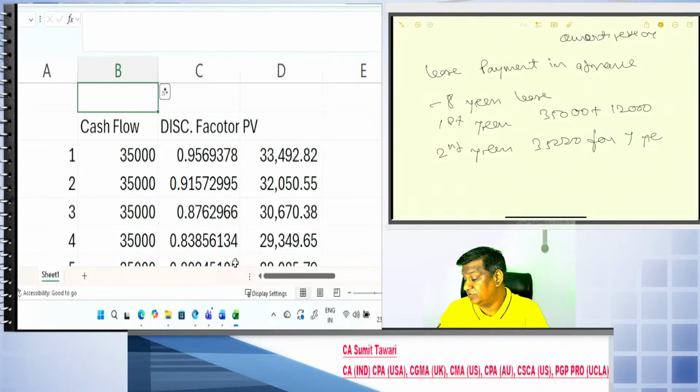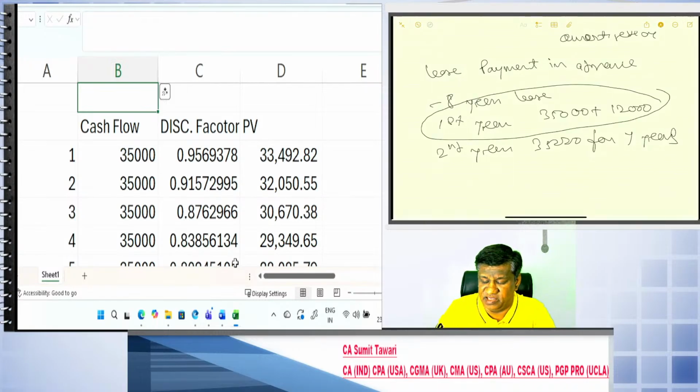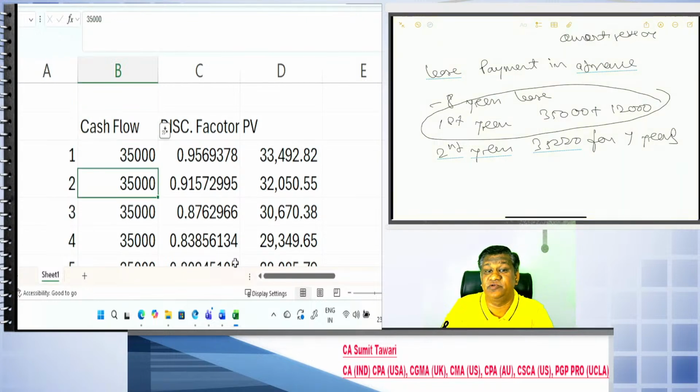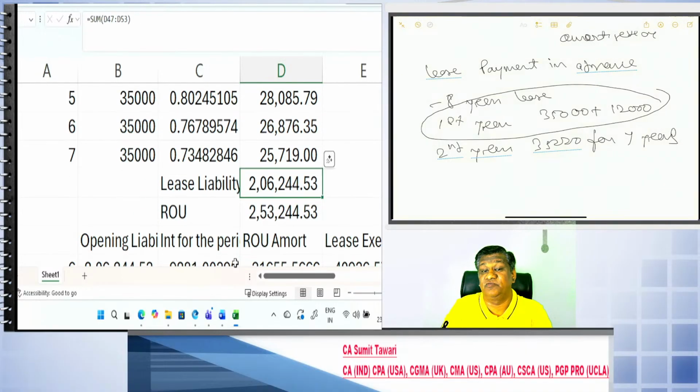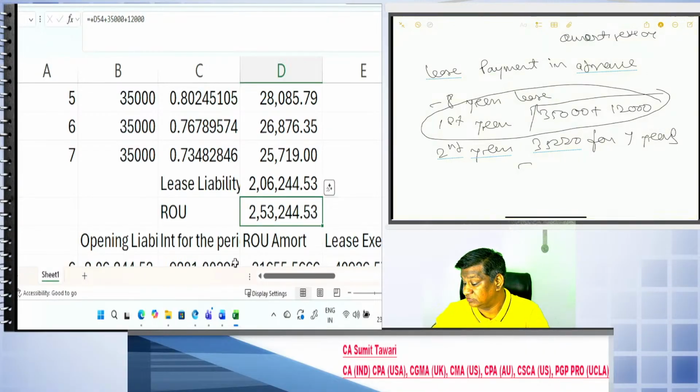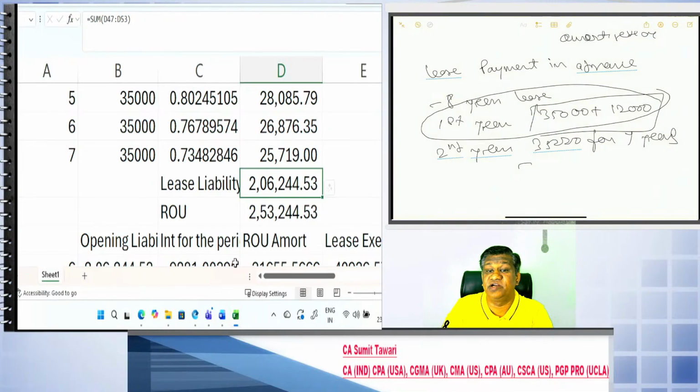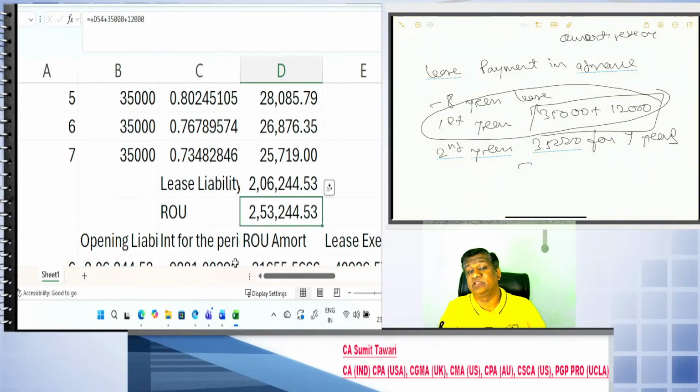As the first year's lease payment is paid in advance, the first year is not part of the lease liability. So I need to calculate the present value of the 7 outward payments, and that is my lease liability. But for ROU I need to consider the lease liability plus the advance amount 35,000 plus 12,000. So the lease liability is 206,244, but the ROU is 253,244.